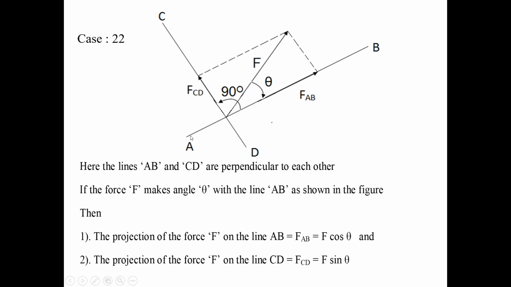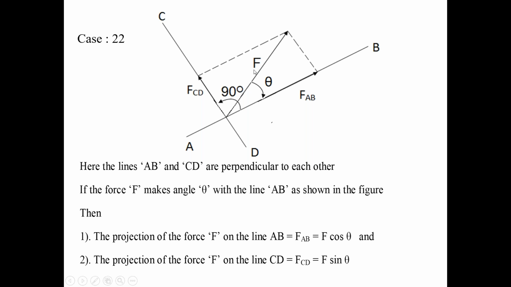Take this AB line as x-axis, the perpendicular CD line as y-axis. This angle theta is with the x-axis, that is line AB. So the projection of force F on the line AB, FAB is equal to F cos theta.